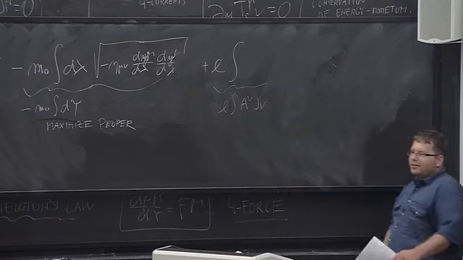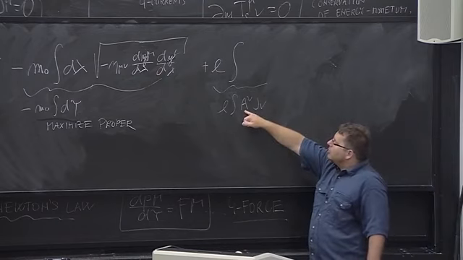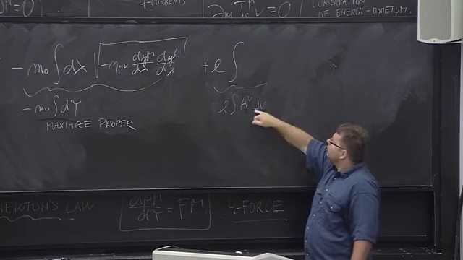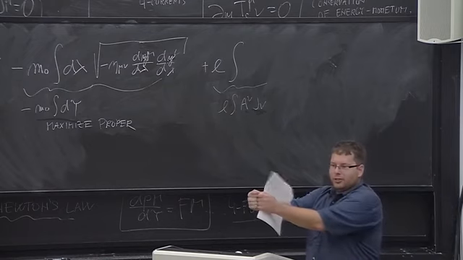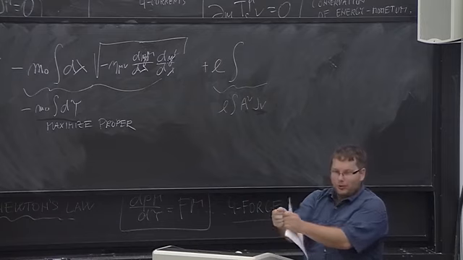But I have to write it in a way so that this A nu is non-trivial only where the particle is, right? My current J nu is just a charge moving with some velocity. To get the current, you take the charge times the forward velocity of the particle.